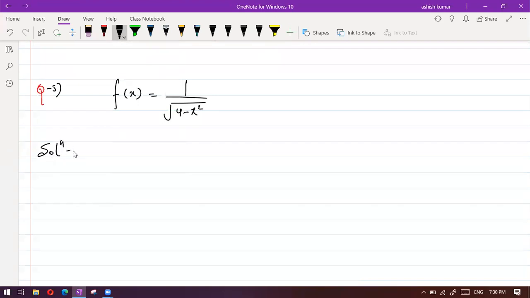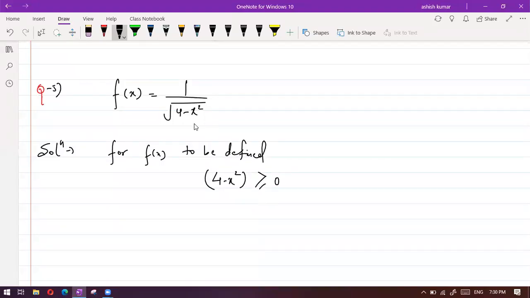So solution, first thing is a square root function. So for f(x) to be defined, we have to say that 4 minus x square, whichever is inside the square root, must be greater than or equal to 0.